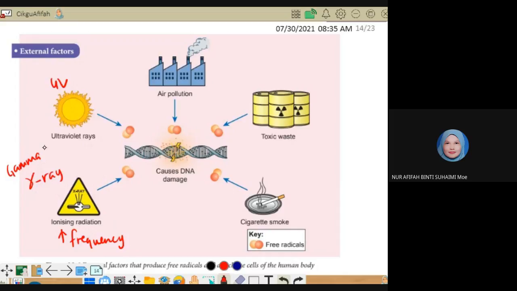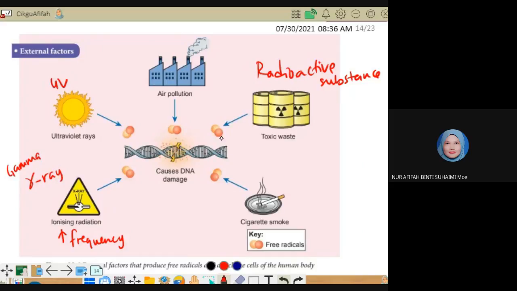Yang paling tinggi. Right. And then we have toxic waste, also from the radioactive substance lah. So this radioactive substance will emit radiation such as gamma ray, X-ray.